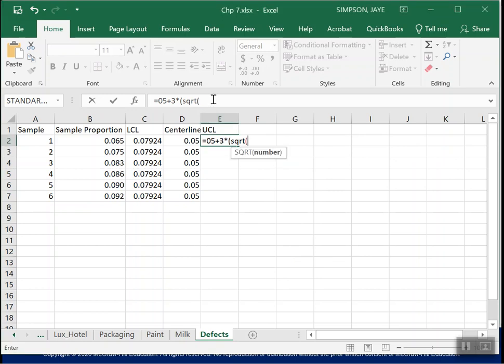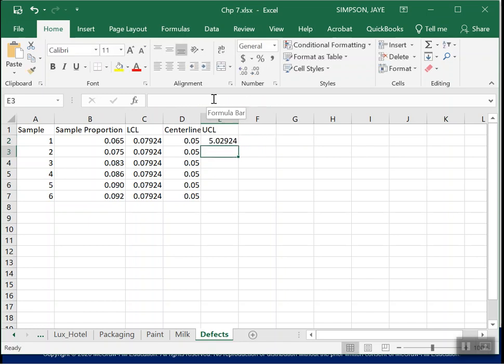So we've got 3 times the square root of, I've opened one parentheses, I'm going to open a second parentheses, 0.05 times 1 minus 0.05, close that parentheses, close the second parentheses, divided by 500, close that parentheses, close the next parentheses, I think.